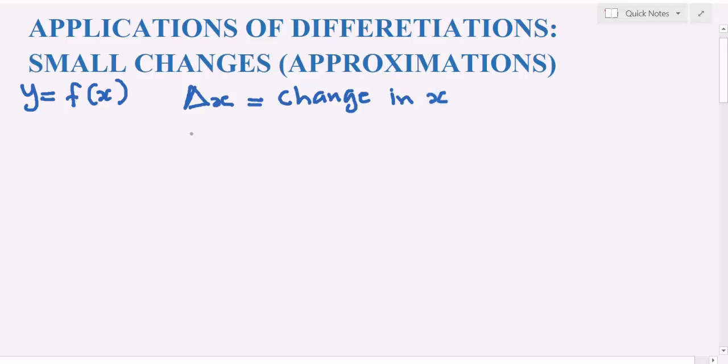And we have a corresponding change, delta y, in y. This is the change in y.